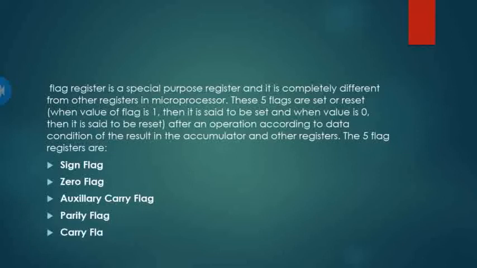After an operation, these flags are set or reset according to the condition of the result in the accumulator and the other registers. So whatever the result is after performing any operation, the status of the flag registers will be set or reset accordingly.